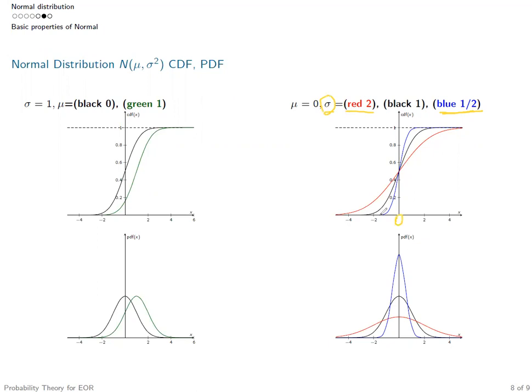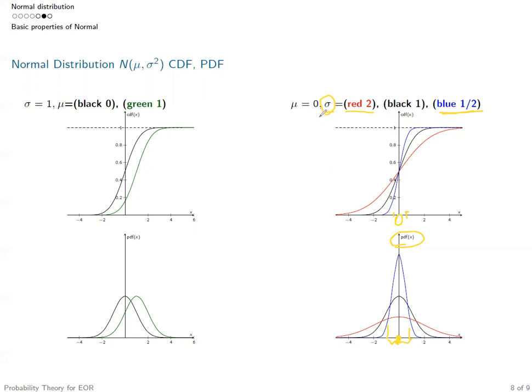So more probability is assigned to the area closer to the average, which is also reflected by the PDF curve. From the red to black to blue, we can see the peak is getting higher and higher, and more probability density is getting closer to the average value.